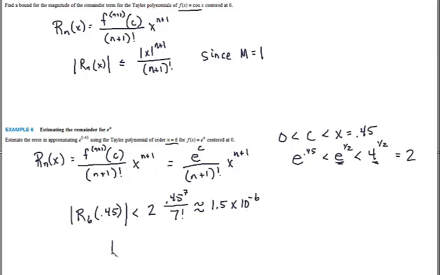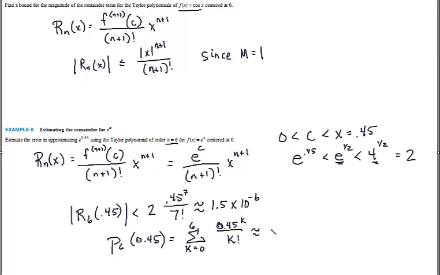Using that, I can say that P6 of 0.45 is the sum of k equals 0 to 6 of 0.45 to the k over k factorial.